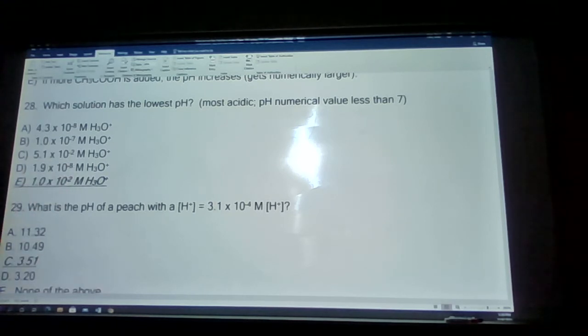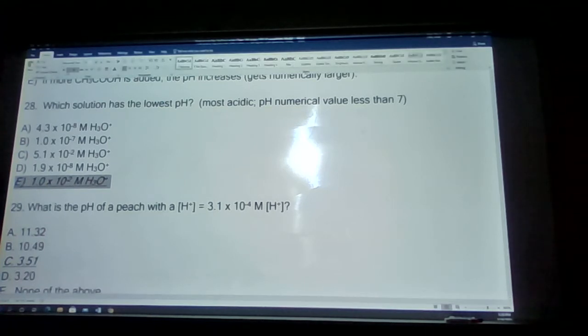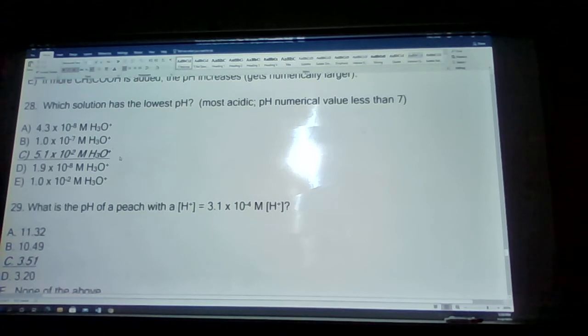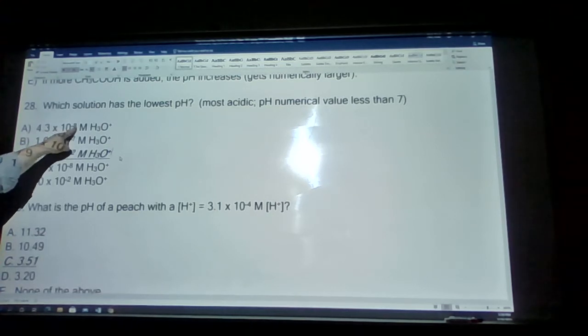When we do the logarithmic operation, usually if this first number is not 1, like 1.0, it is 1 less than 8.